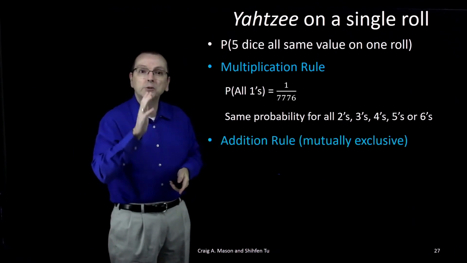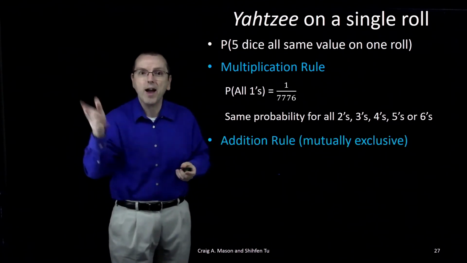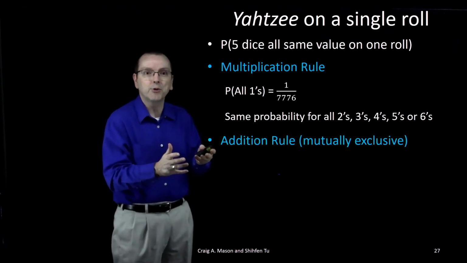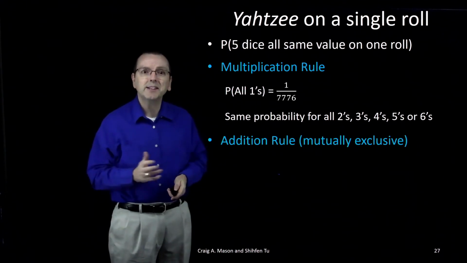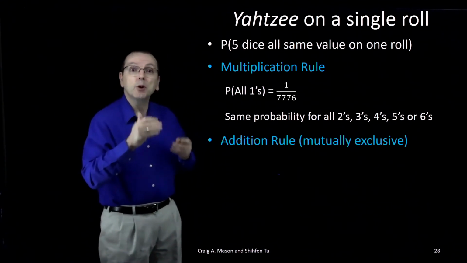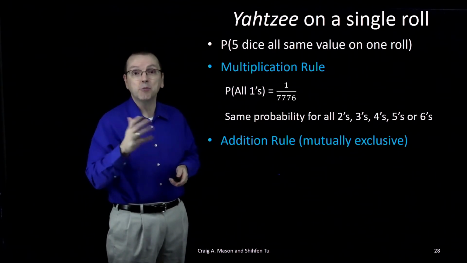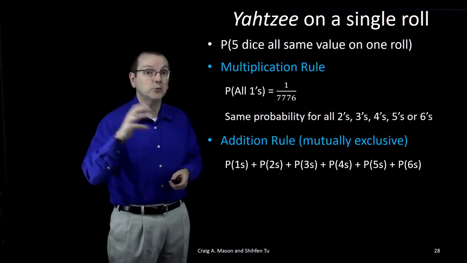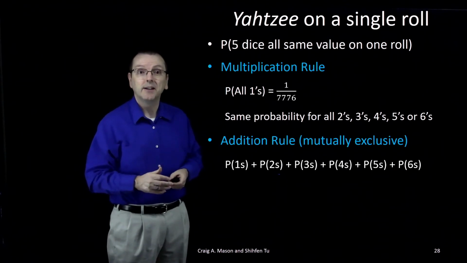And each of those are mutually exclusive. See that? If you rolled 5 ones, you could not have rolled 5 twos. If you roll 5 threes, you couldn't have rolled 5 sixes. So that tells us we can add up those individual probabilities to get the probability of rolling 5 ones, or 5 twos, or 5 threes, or 5 fours, or 5 fives, or 5 sixes.